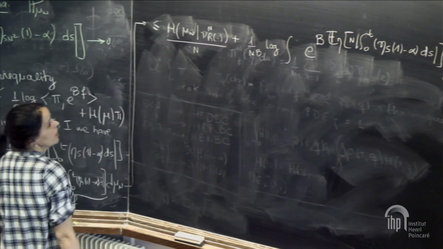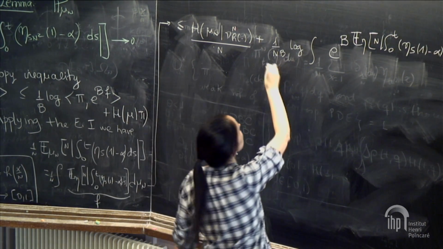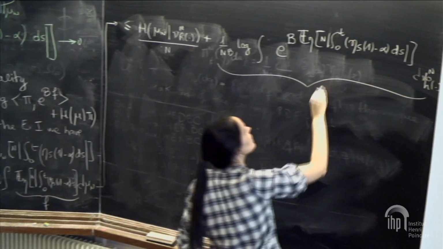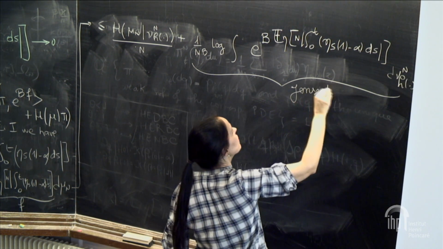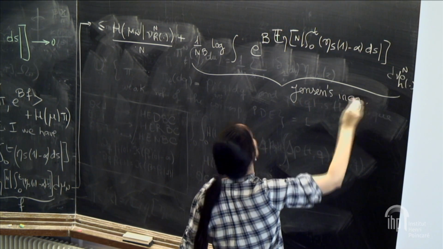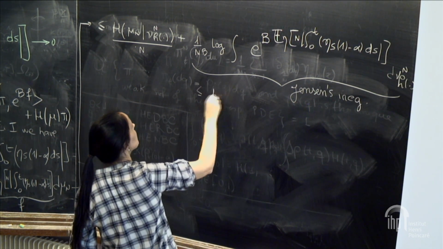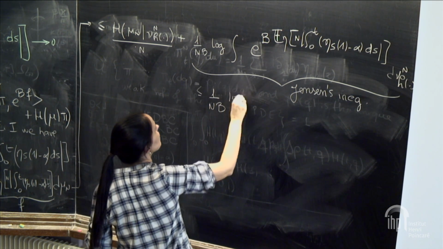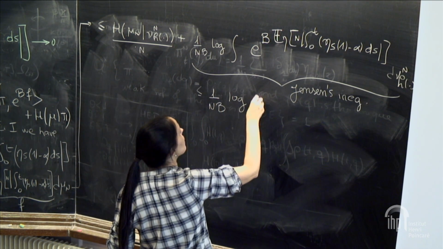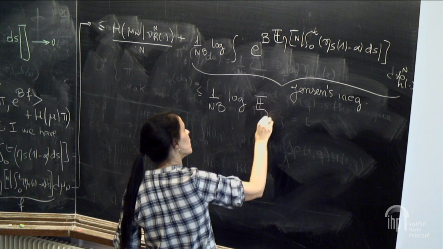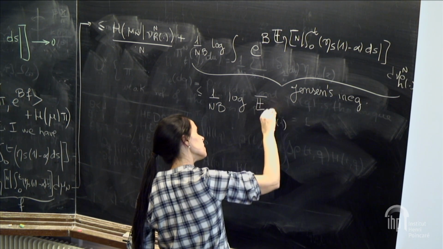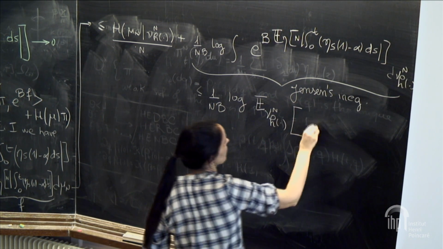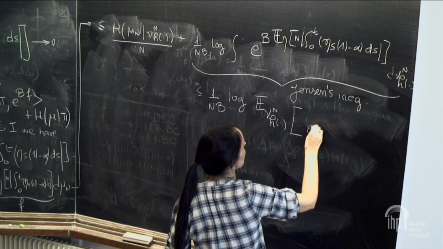Parentheses are wrong. So now I use Jensen. So by Jensen, this is bounded by the exponential, okay, maybe I can write it like this.